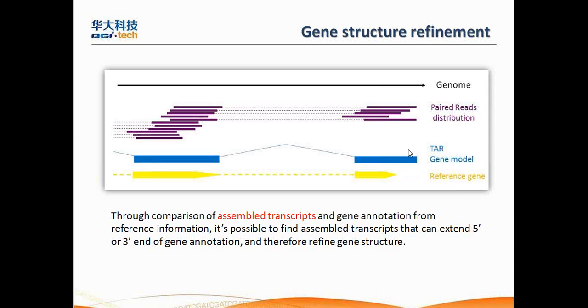That means this region is also expressed, and this region should also be an exon. So resequencing of the transcriptome can be used to refine the gene structure and try to extend the edge of the exon, so we can get a better gene model using this method.